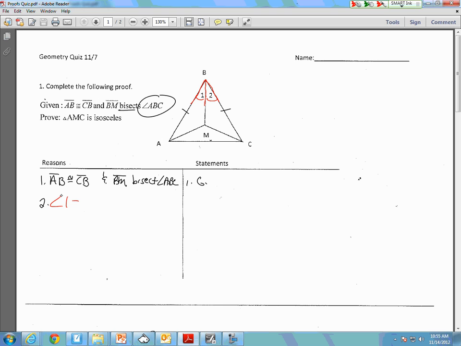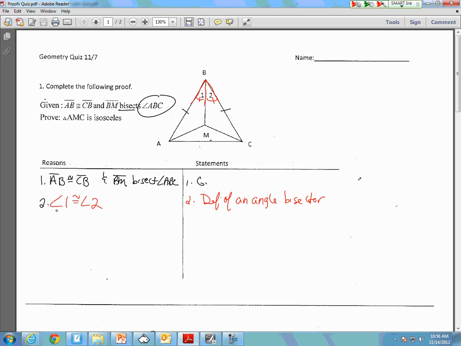So I'll say angle 1 is congruent to angle 2. The reason for that is the definition of an angle bisector.